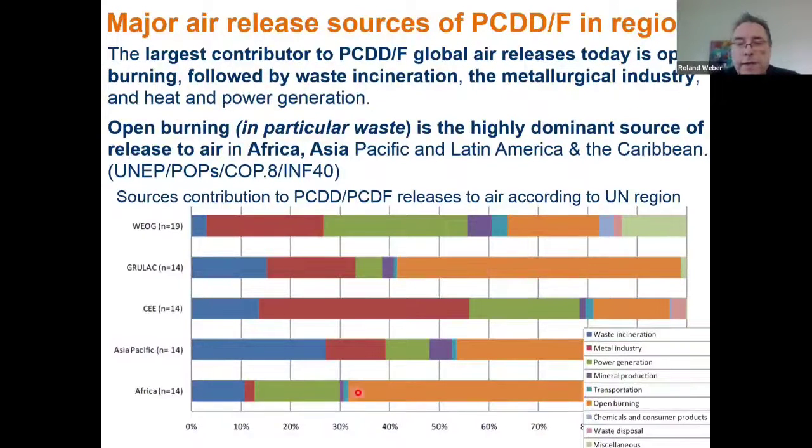Yeah, here Africa, about 70% of all dioxins in the inventories is estimated to come from open burning. Also other region here, Kuwait, South America, more than 50% come from open burning. Yeah, and then you have the waste incineration, the metallurgical industry.